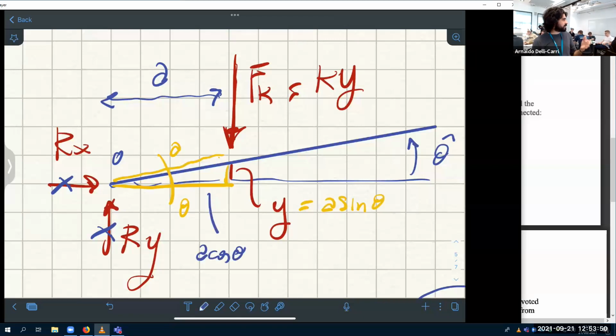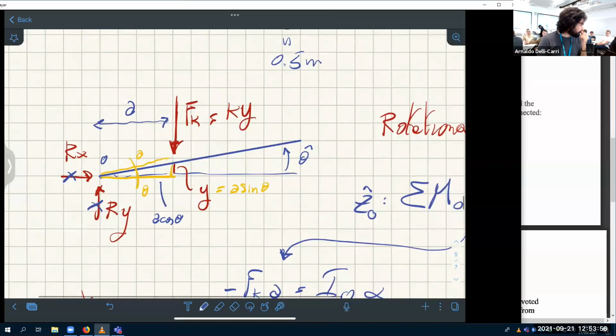But cosine of theta, if theta is tiny, is 1. That's it. So small angle approximation means that the sine of theta is theta and the cosine of theta is 1. So when you did that, how did you get from that? Because I divided everything by m r squared, and sine of theta is theta, as I said.